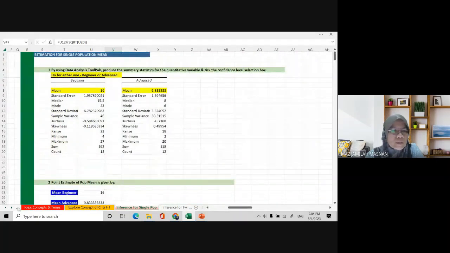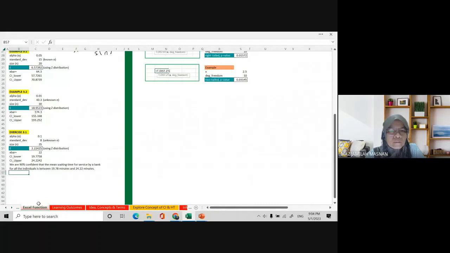Okay, now let us use the Excel function just now and do it for the proportion. It's almost similar to your mean. It's just that you need to know how to calculate your p hat. For example, let's do an example.